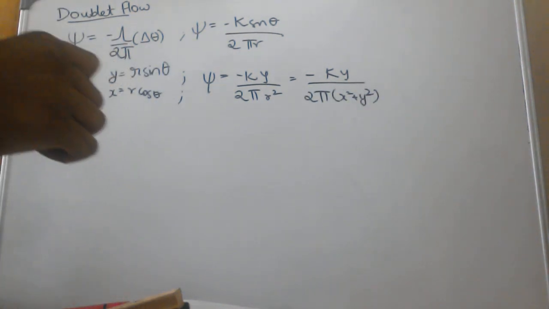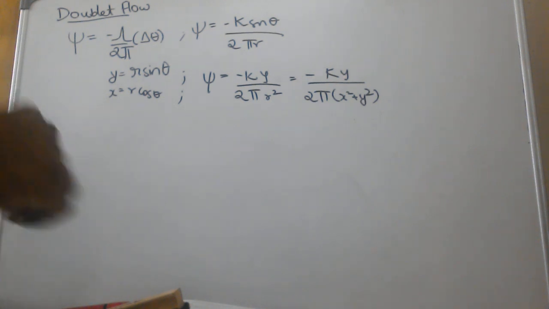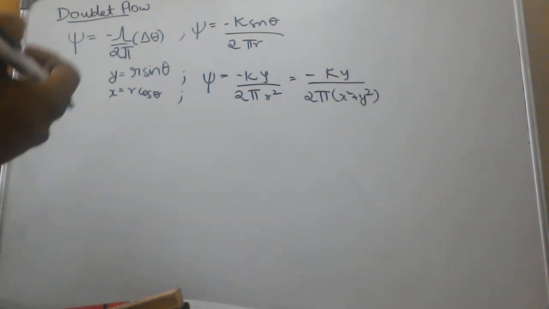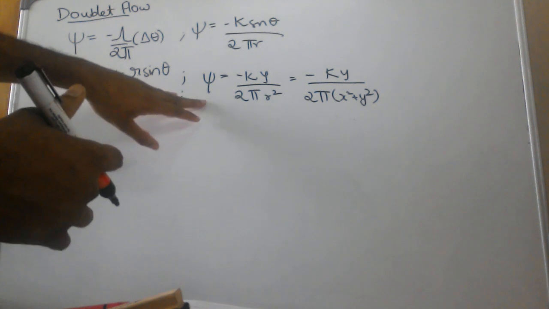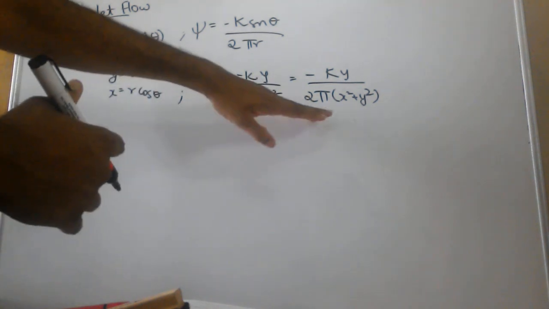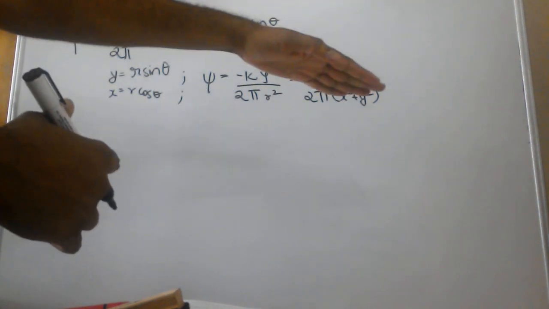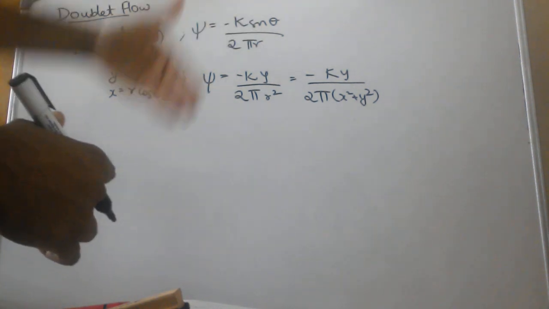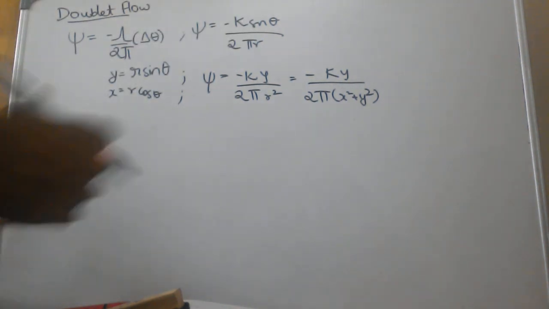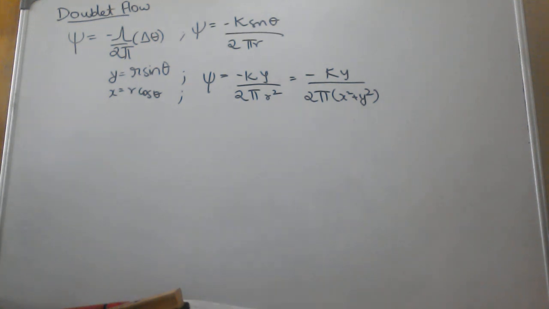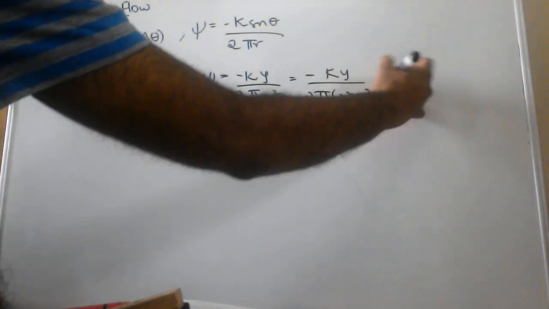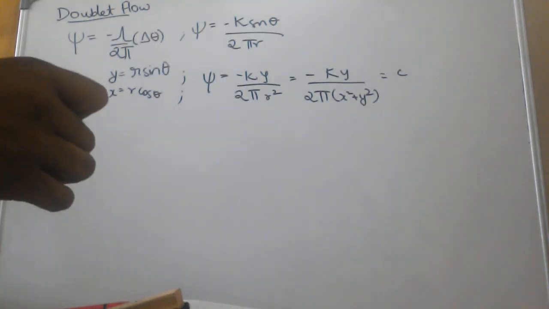So if I am plotting the streamlines, I need to basically plot a family of curves such that psi is a constant. So let me just put this expression equal to a constant, and as I vary the value of the constant, I am going to get a family of curves which will denote the streamlines of the flow. So let me put this equal to a constant, right?